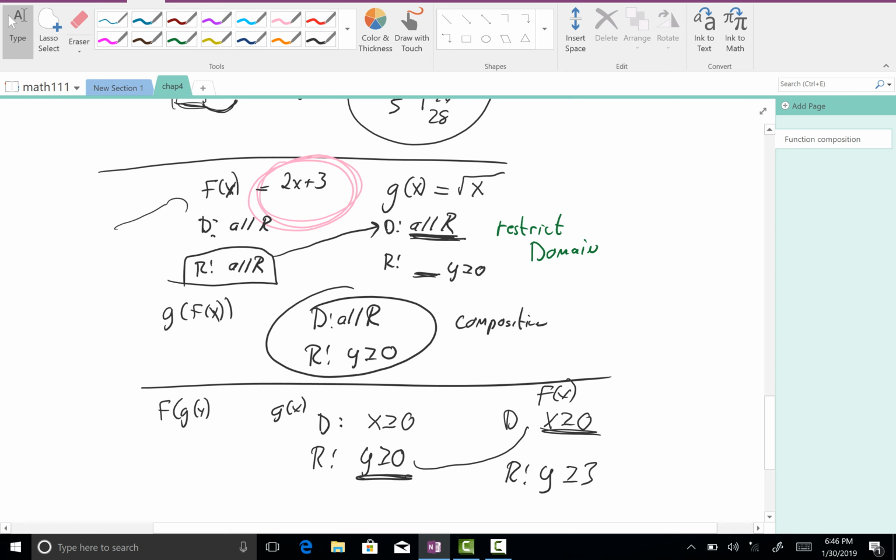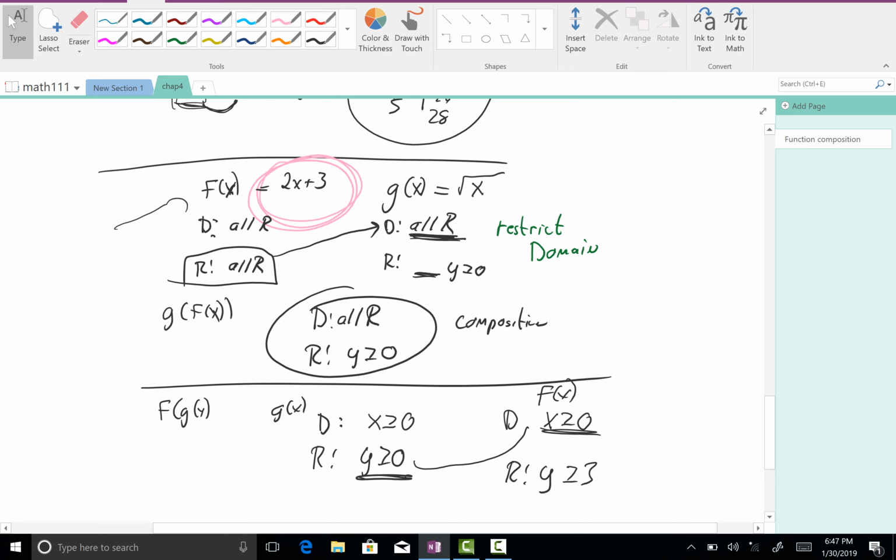Let's try this out. Oh, it's doing it okay. So you can get the ranges by looking at the graphs. If we turn these off, there you go. You can get those ones.